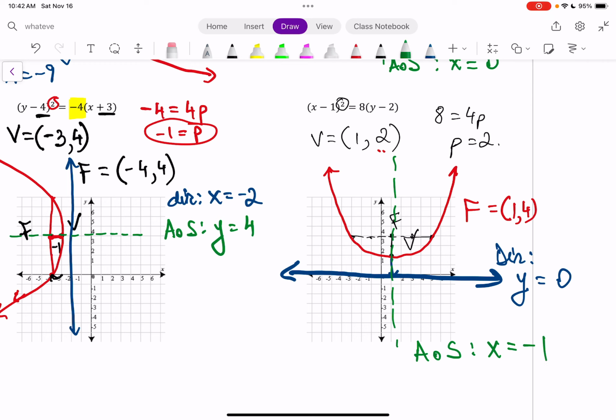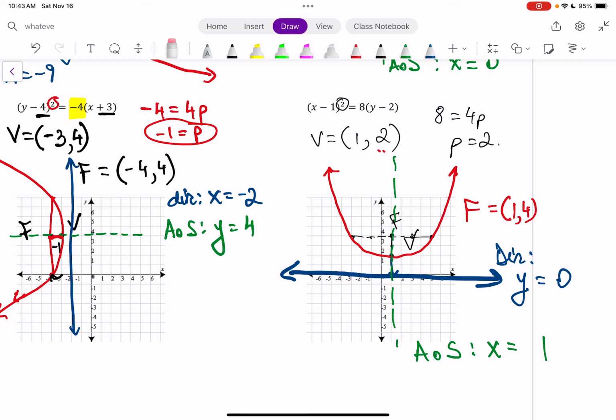So what I want to point out also is that by now we have discussed vertical and horizontal lines so many times, not only since chapter 2, where we talked about lines and sketched them, but they kept coming back as asymptotes, axis of symmetry, well, now directrix.